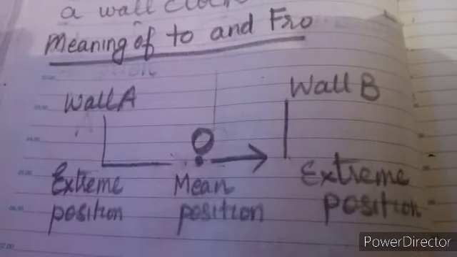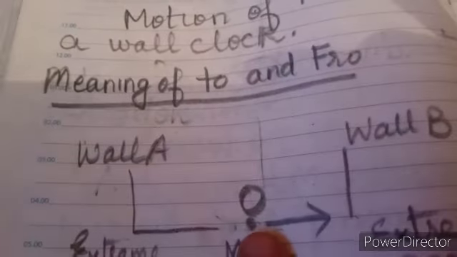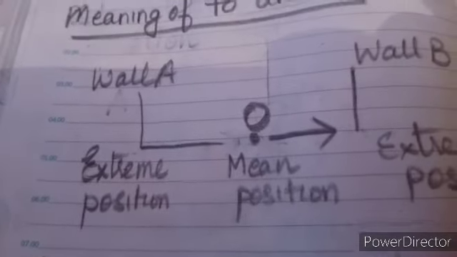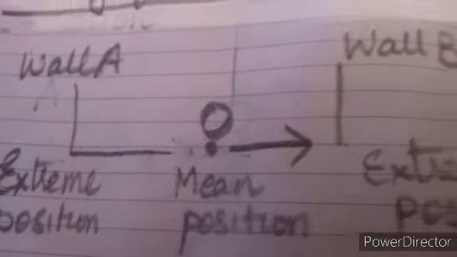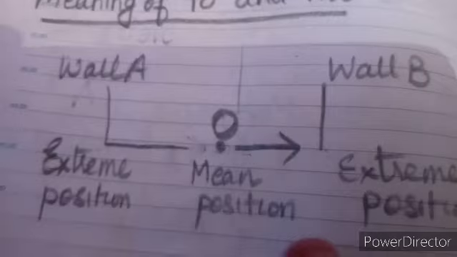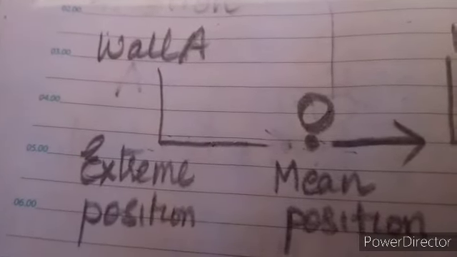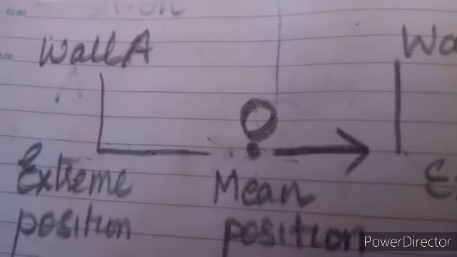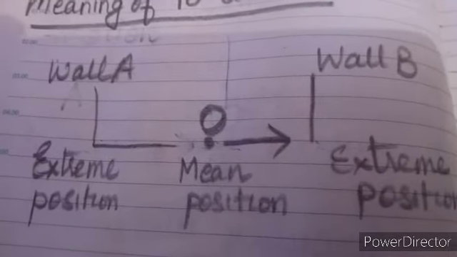Let me explain the meaning of to and fro. Suppose a boy is standing at O in the middle of the distance between two walls A and B. He walks from O to wall B, and from B he again comes back to point O. From O he walks to wall A and then back to position O. This type of motion is called to and fro motion.